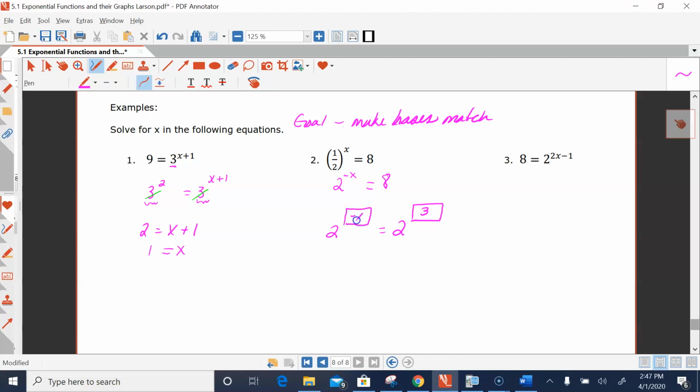So I was able to rewrite 1/2 to the x as 2 to the negative x power, and rewrite the 8 as 2 to the third power. Now that my bases match, I can set my exponents equal.